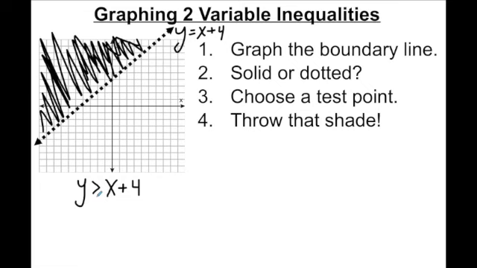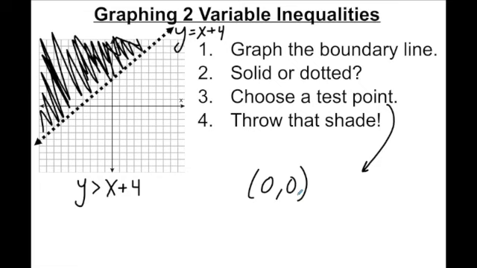If it is, we keep a solid, and if it's not, we make the line dotted. Then, once we have the line, we need to know where the true stuff and the false stuff is. And so what we do is we choose a test point. And remember, what I say is don't be a hero. Choose the point 0, 0 whenever you can, because 0, 0 is usually a relatively easy number to plug in.